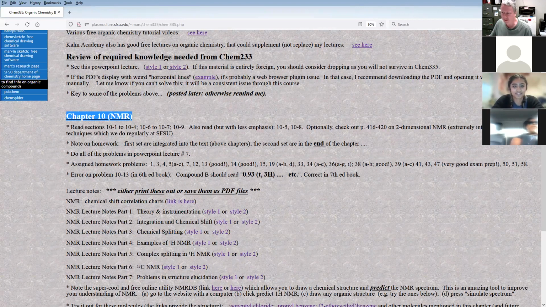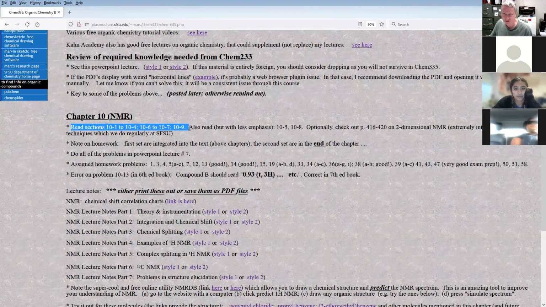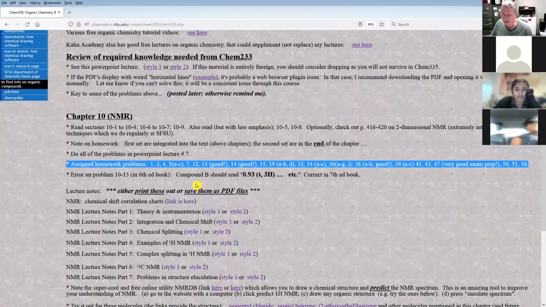So you can see for chapter 10 what sections I recommend reading, and also there's some assigned homework problems. But those are again optional, and your success in the course will depend on how well you understand stuff, and doing the homework problems is a good way to test yourself.